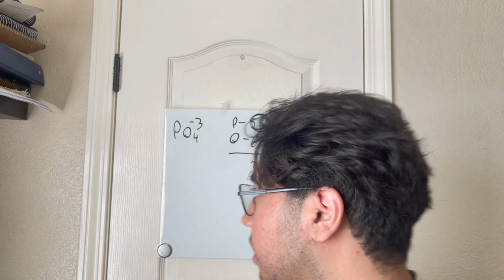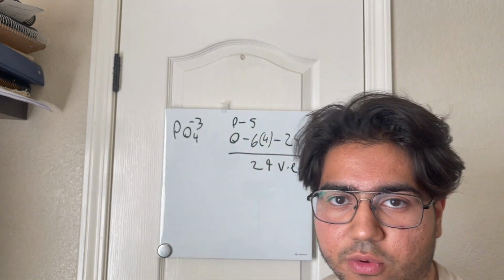So first of all, let's do our steps. Let's count up total valence electrons. Again, it's an odd number, but we have to take into account the charge. We have a charge of -3.